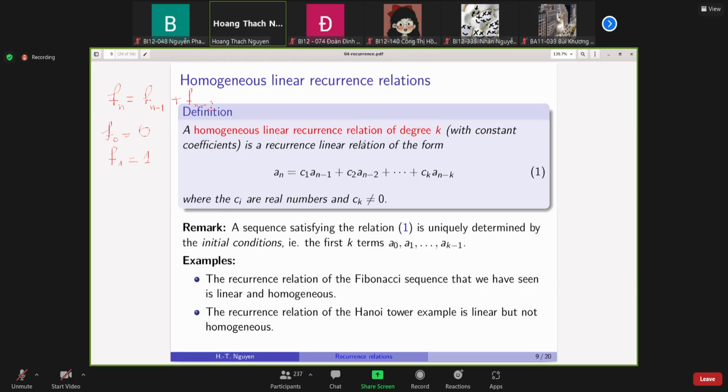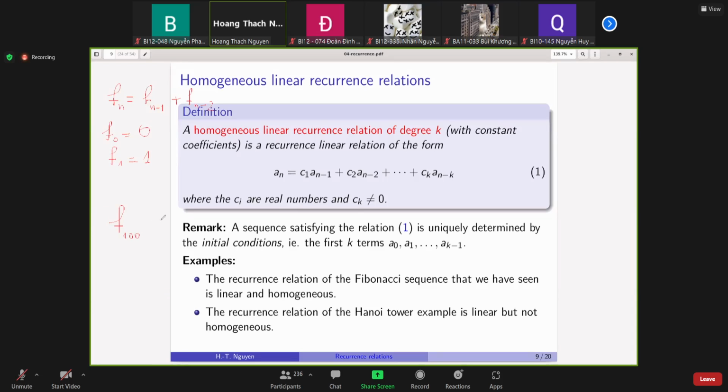But now let's say that we want to calculate f(100) in a naive way. If we only use the initial conditions and the relation, then we will need to calculate f_2, f_3, f_4, f_5, and so on. So it will take a very long time to reach f(100). So it is not very efficient.